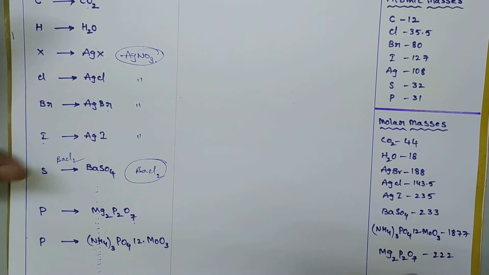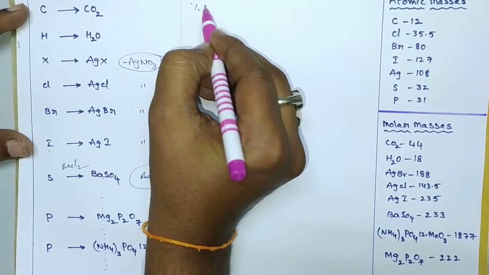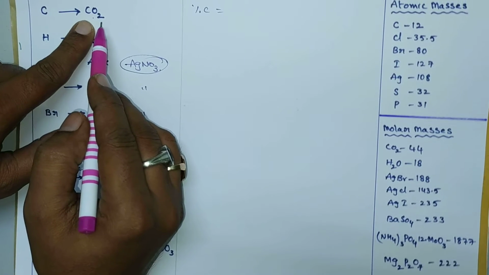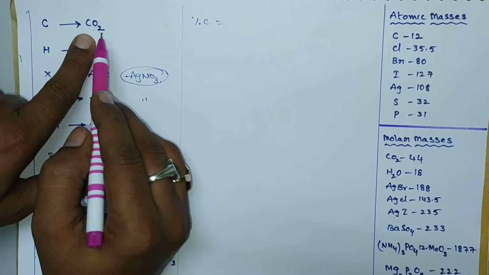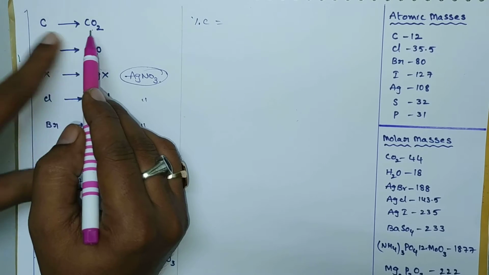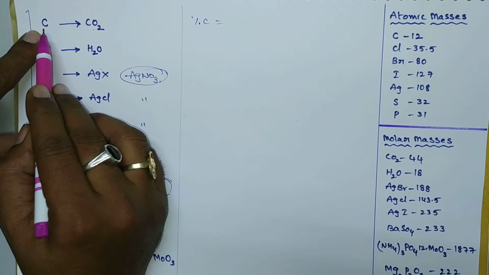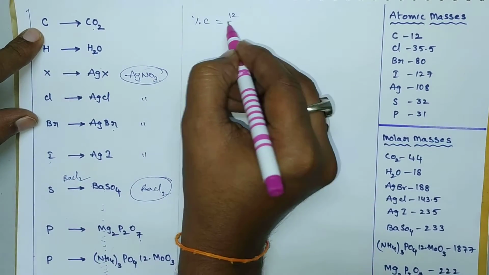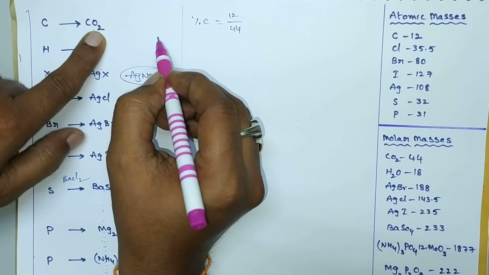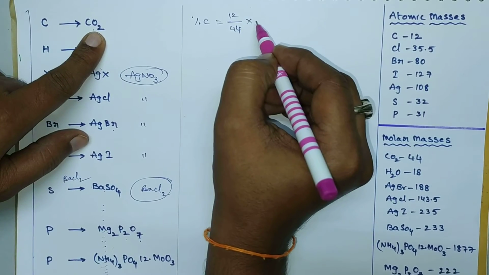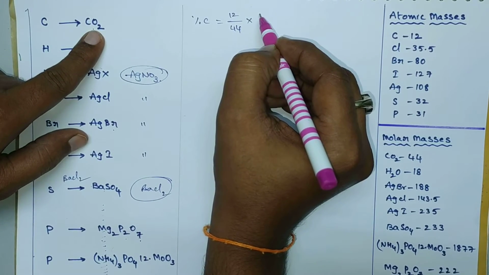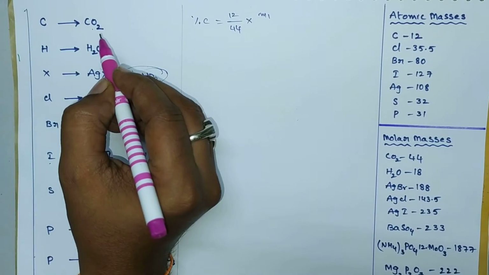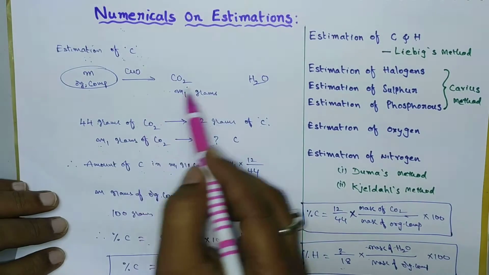So what is the formula here? The percentage of carbon is equal to, first we consider this one. Here I am giving you a small trick to remember the formula. This is carbon dioxide and this is carbon. First we write the atomic mass of carbon, that is 12, by the molar mass of carbon dioxide, 44, into the mass of the compound, M1.